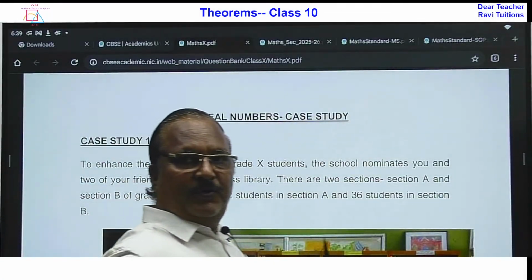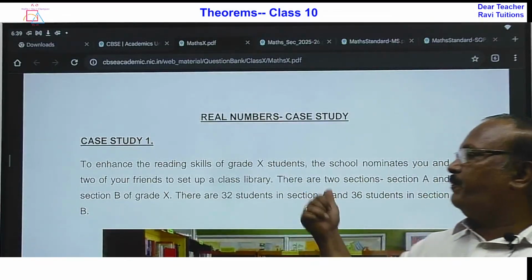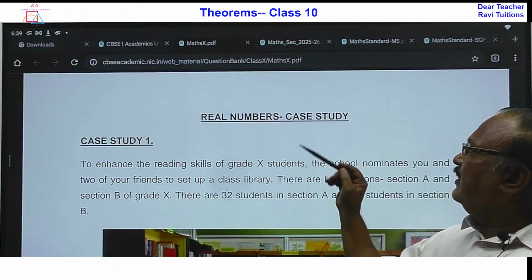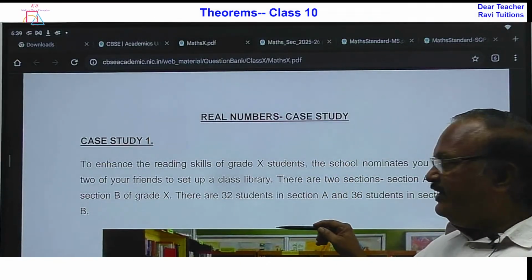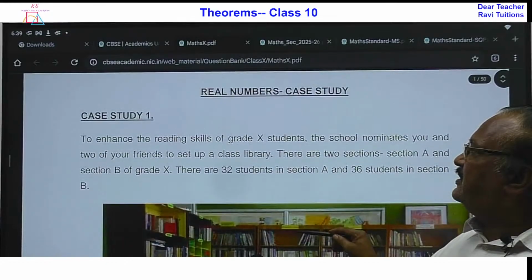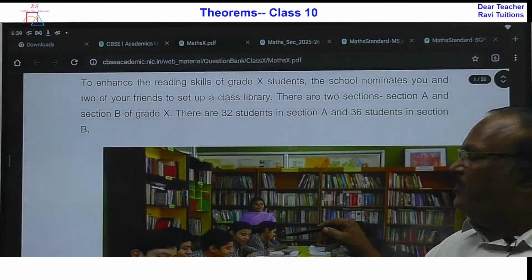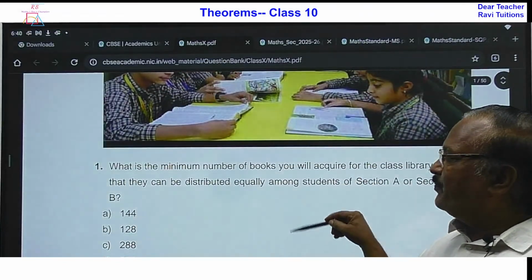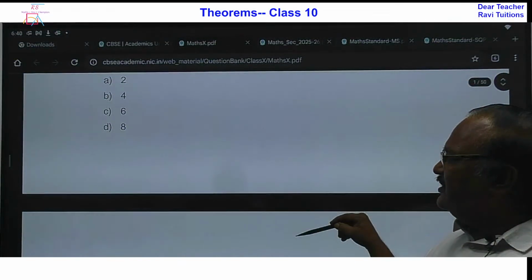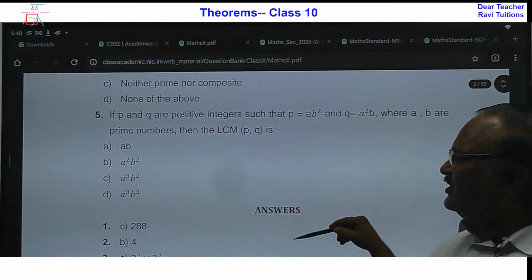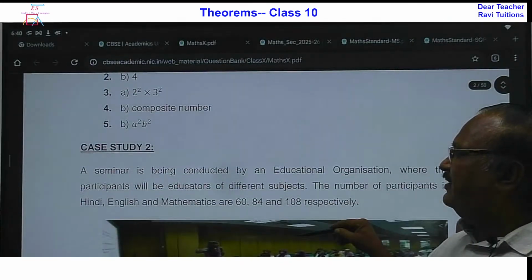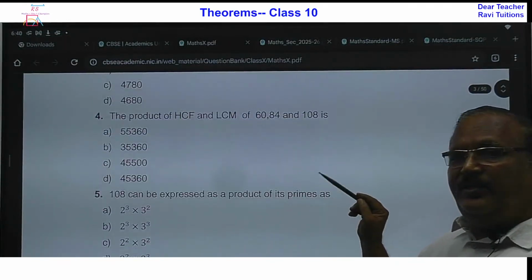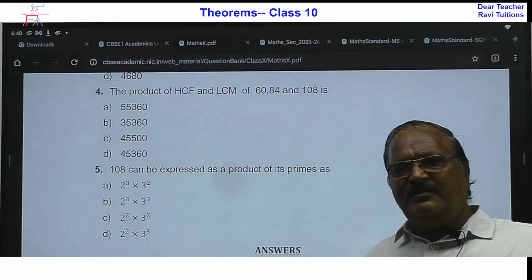If you go to this question bank area, chapter wise case study questions are given. These are the real numbers case study questions. Usually questions will come from this only. Answers are also given. Case study 2, and if you use this material, that is more than enough.